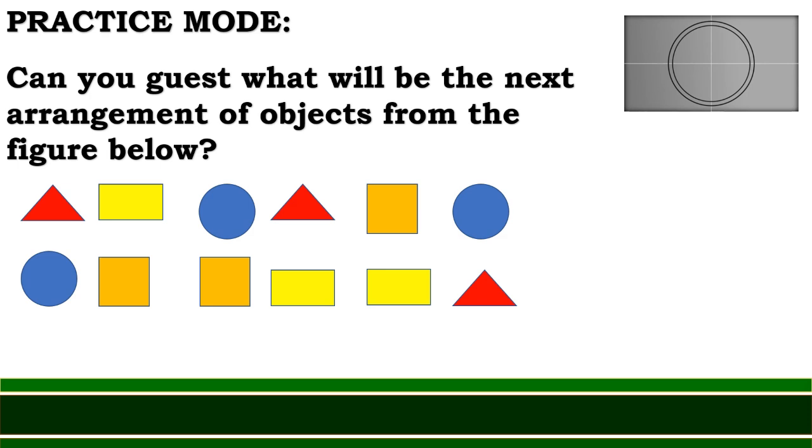Okay, time's up. This is the next position of objects. As you can see, the pattern here is the movement of objects in clockwise formation.